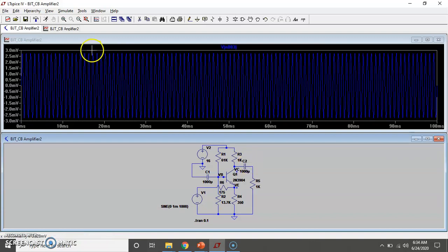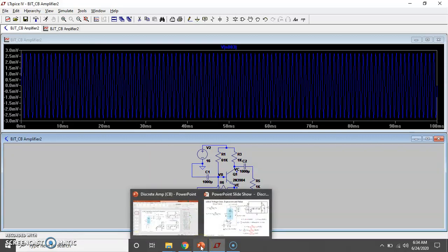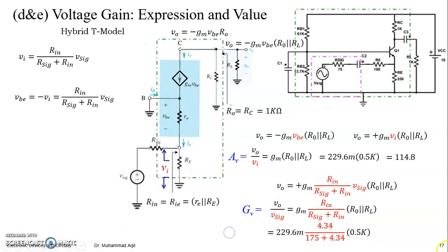Please see here, the Y value is 2.749, right? The output is 2.749, and the gain is 2.77. It means V out divided by V signal is 2.77. So V out will be this GV multiplied by V signal, right?